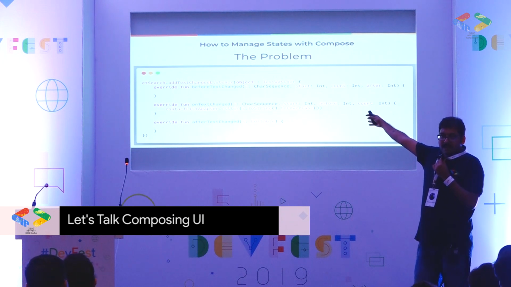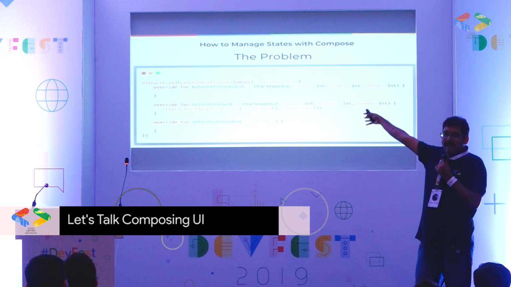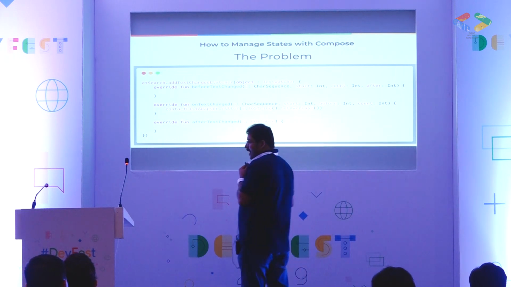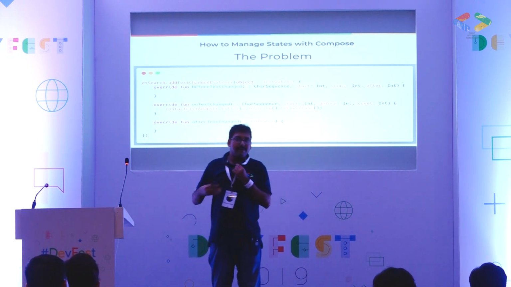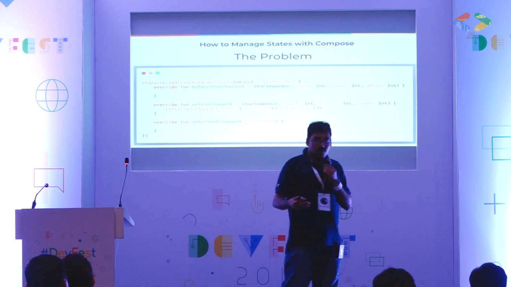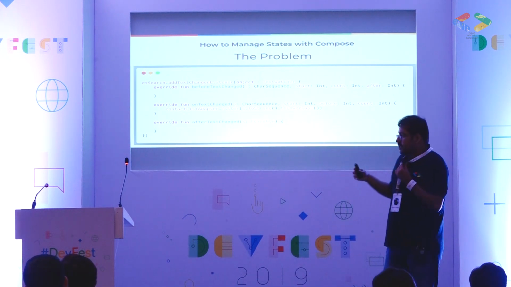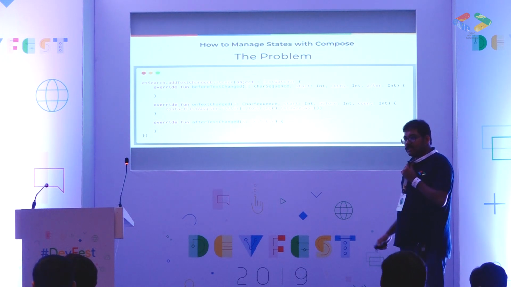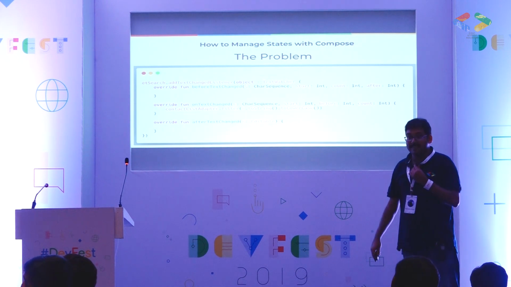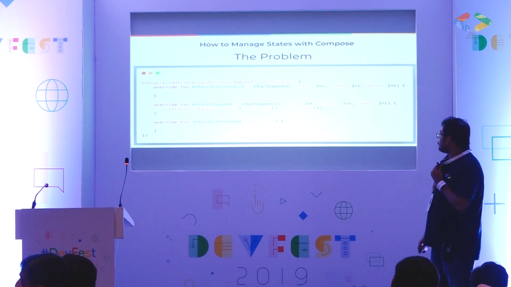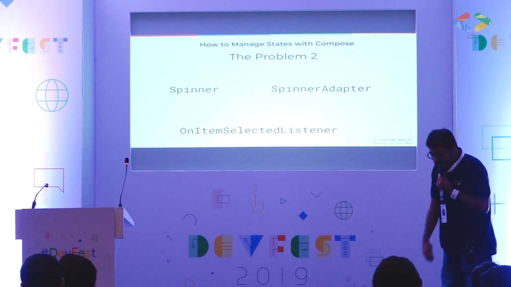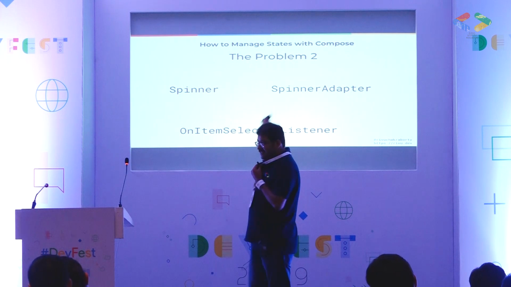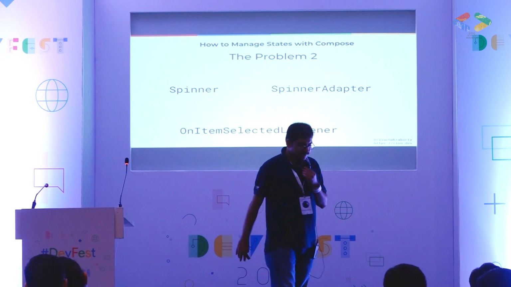Here's the problem I was talking about. Android view structure was never planned in a reactive way. It's imperative by its core, right? So it's pretty difficult when you try to implement a reactive architecture with Android's present view structure. This is the problem number 2. Spinner adapter, on item selected listener, so many things.